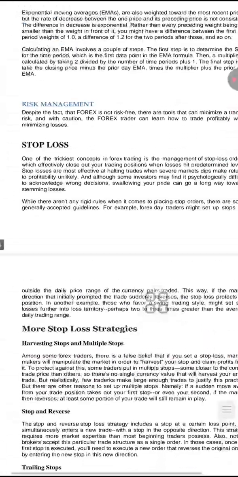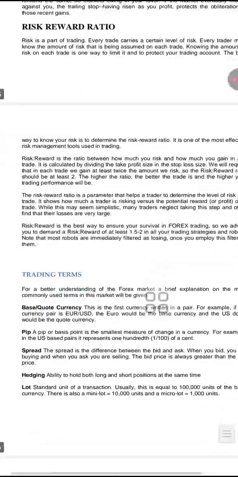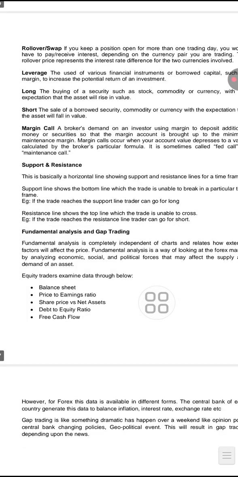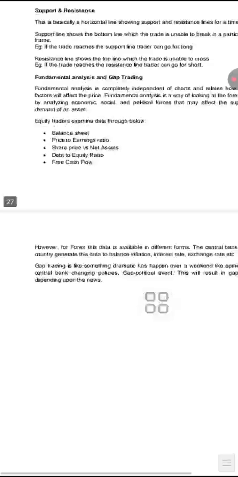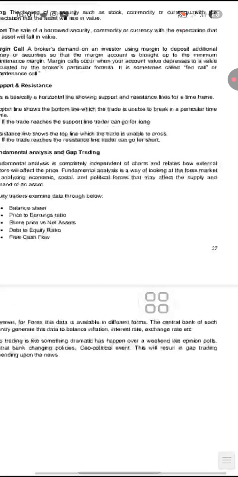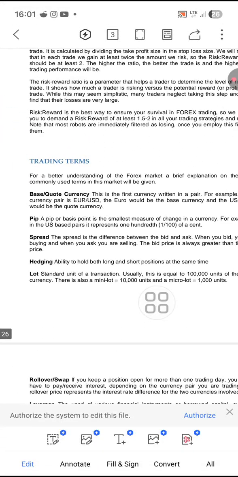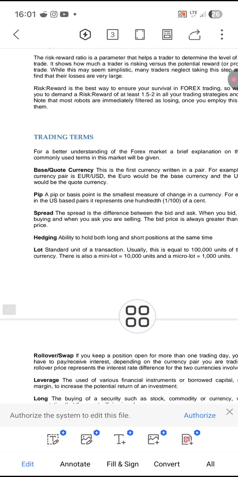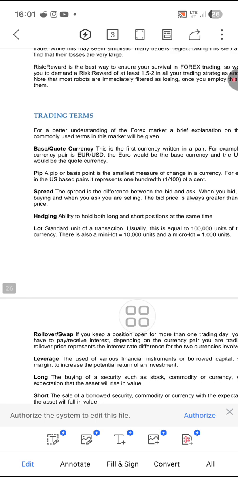We'll talk about stop loss and some other trading terms. There are lots of trading terms. Pip. Spread is the difference between the bid and ask price. Hedging is the ability to hold long and short positions at the same time.